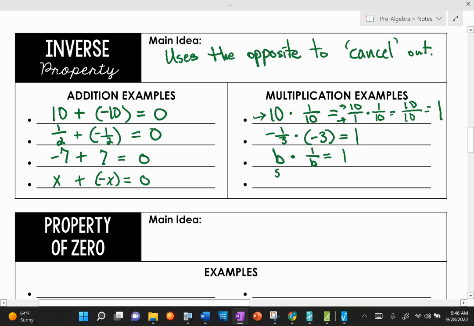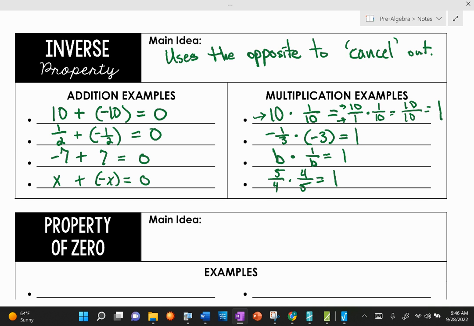And then any fraction, you just flip it, multiply across, it'll be 1. So if you have 5 over 4, you need that to cancel out, multiply it by 4 over 5.